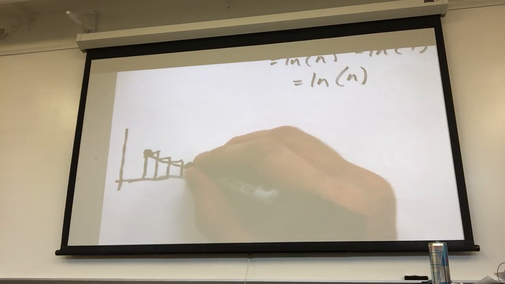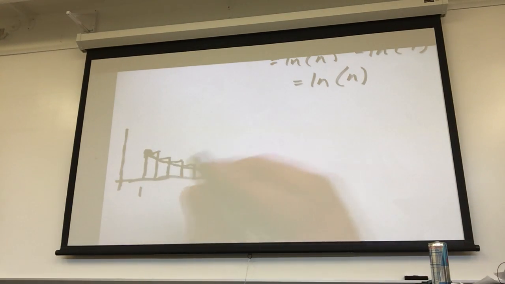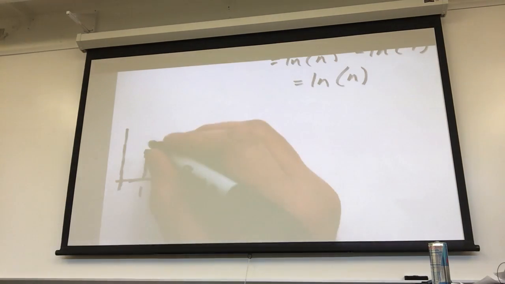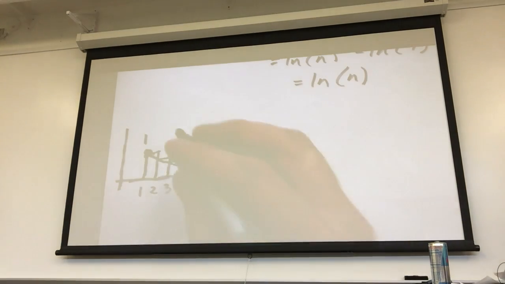So, okay. There's a dot, dot, dot. Okay. Now, the height of this first term would be 1.